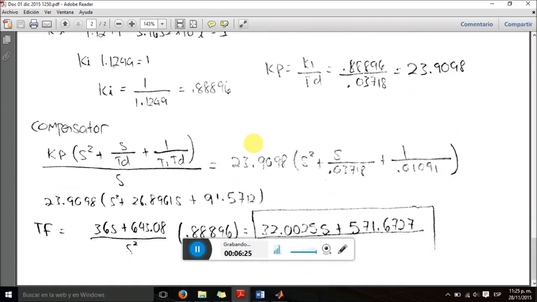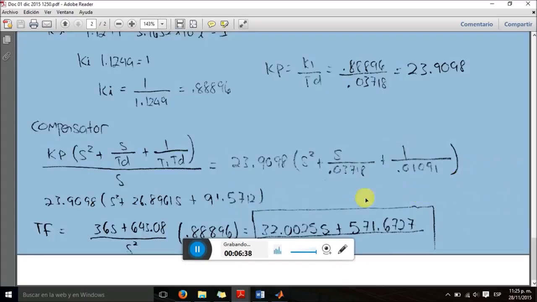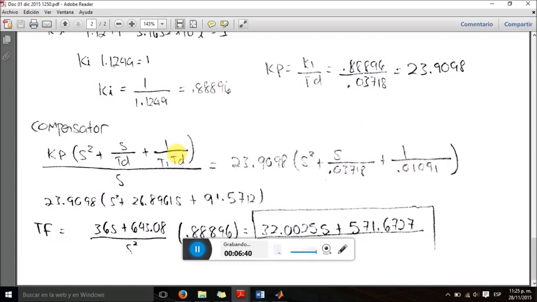So now the final compensator, multiplicating the plant, is like this, and then just performing the multiplication, we can get the new transfer function, that is the modified transfer function, and it is like this.